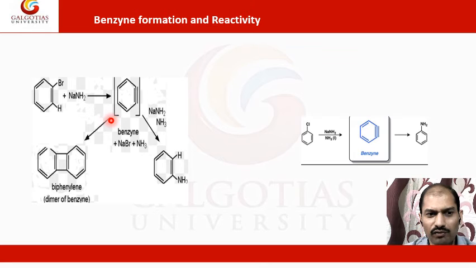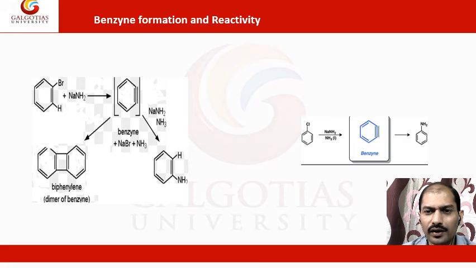So the benzyne forms and simultaneously makes different kinds of products. There are many more reactions. You can also react with a base, like a concentrated solution of sodium hydroxide, and further synthesize this.